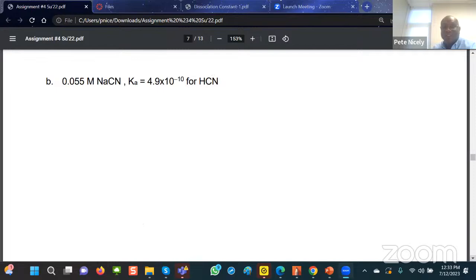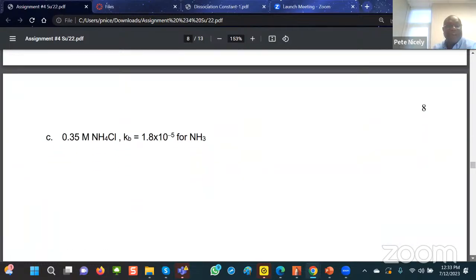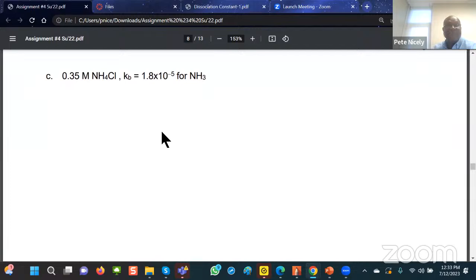Now, I'm very interested in hearing what you have to say about the C part. How would you deal with the C part based on what we did in the A part? What's the first step you take?